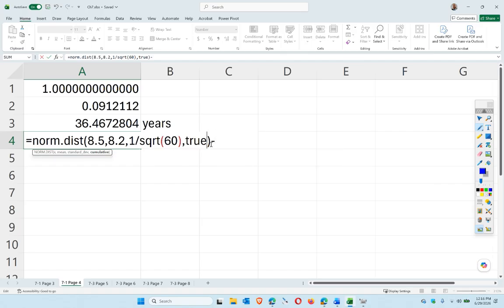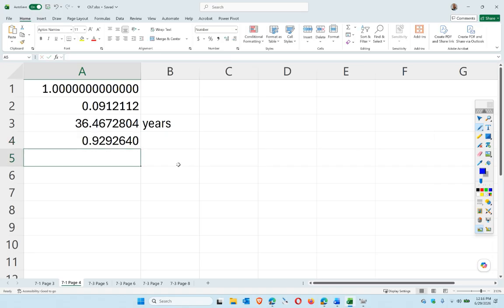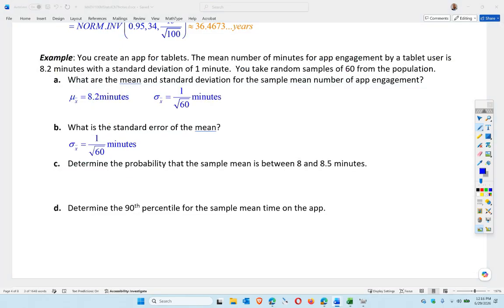I'm going to copy this to kind of save a little bit of time here. Paste it, and we're going to say 8. So what this is saying is of the group of 60, what's the chance the group average is between 8.5 and 8 minutes is essentially what this is saying. Okay, so that's my probability that I'm between those two values.